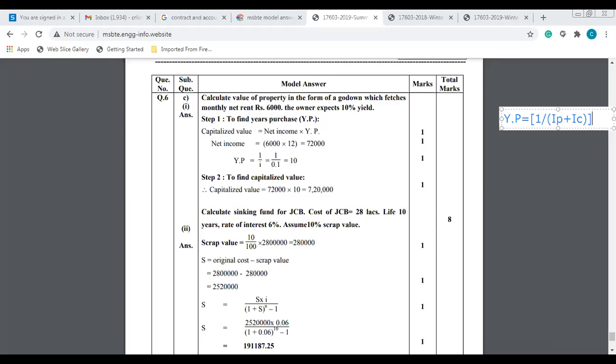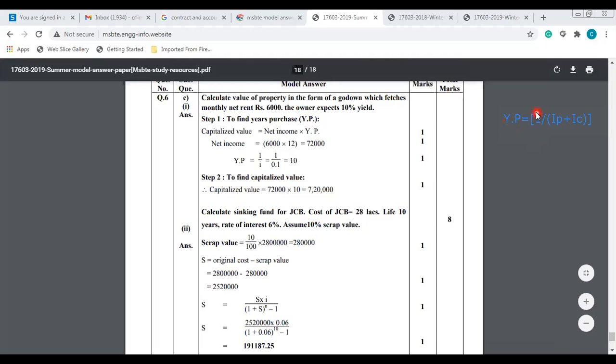So if there are two rates of interest given, then you have to use this formula, YP equals 1 divided by IP plus IC. If a single rate of interest is given, you have to use the formula YP equals 1 divided by I. Please keep the difference in your mind.